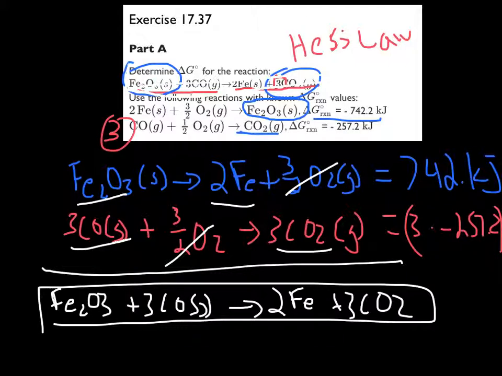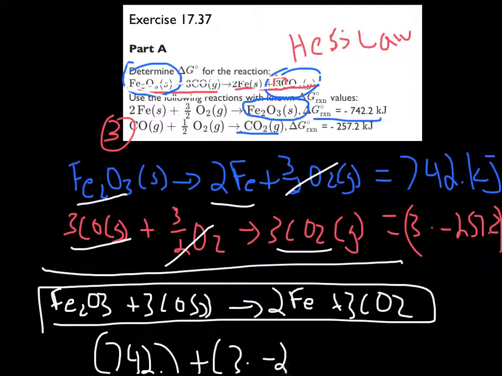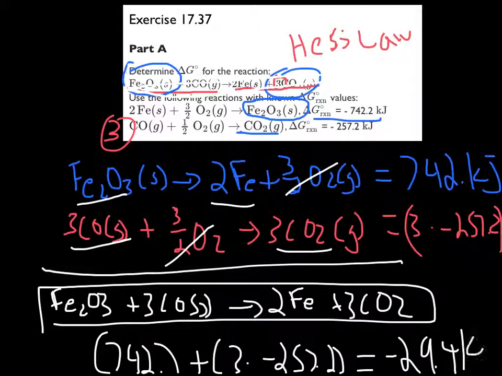So to solve for it, it would just be 742 plus 3 times negative 257.2. When I calculated that out, I got negative 29.4 kilojoules. Alright. If you have any more questions, email me or talk to me in class. Thank you.